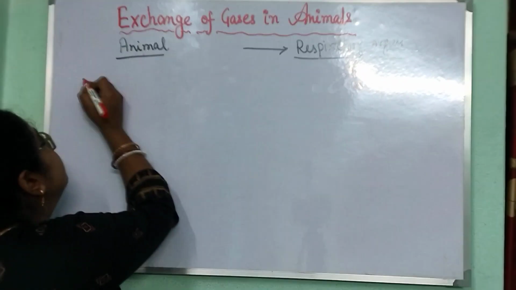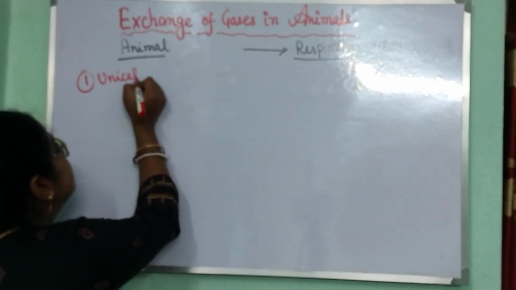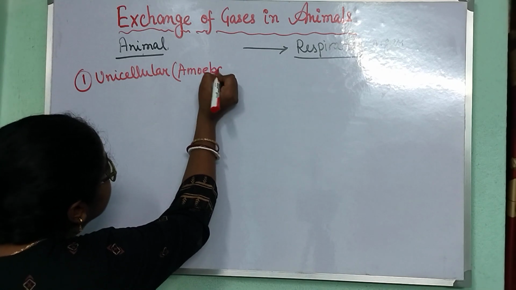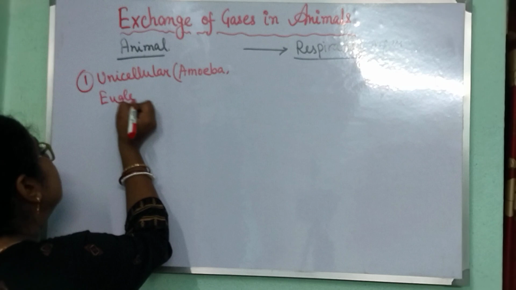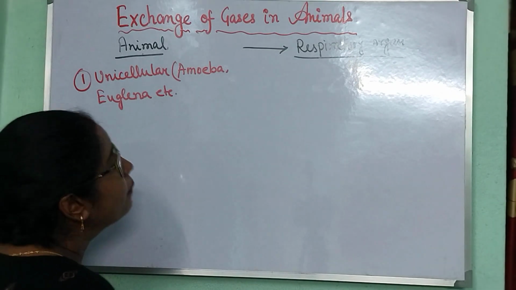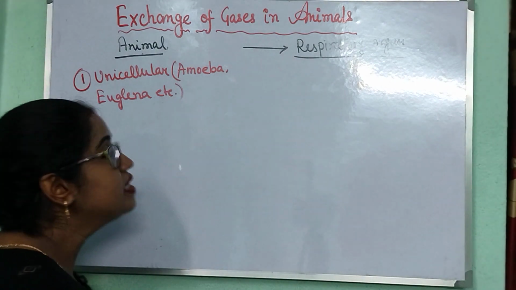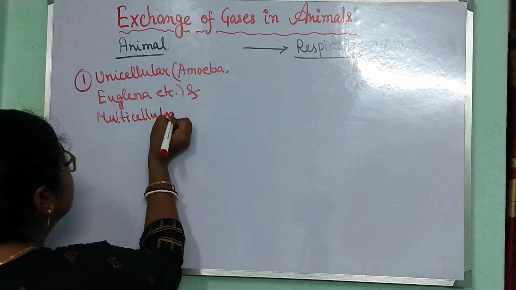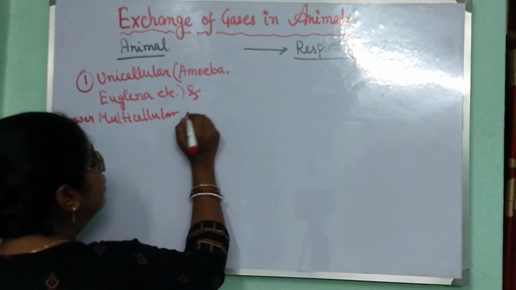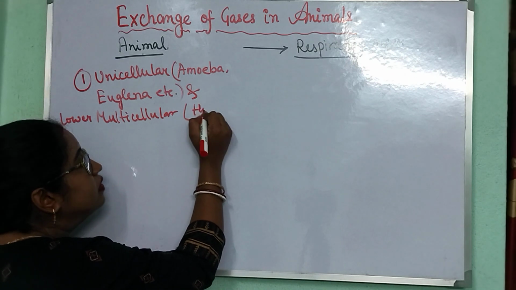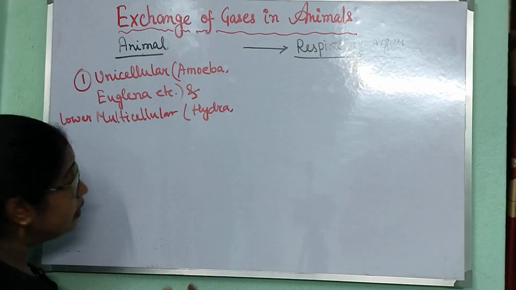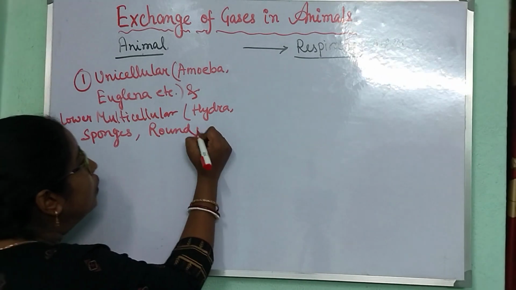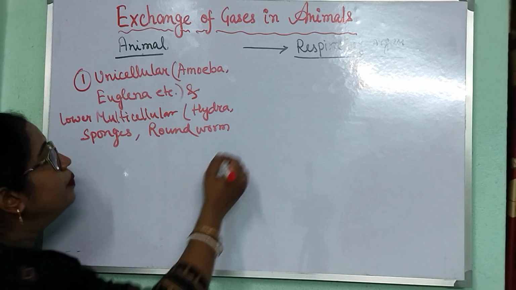First are the unicellular organisms like amoeba, euglena, or paramecium, etc., and some lower grade multicellular organisms like hydra, then the sponges, then the roundworm or the tapeworm, etc.